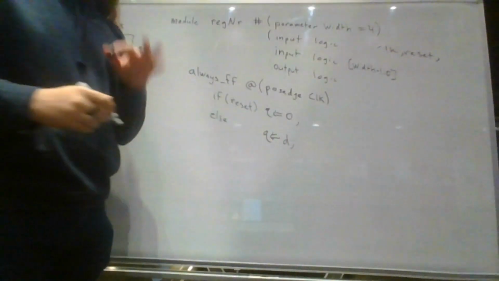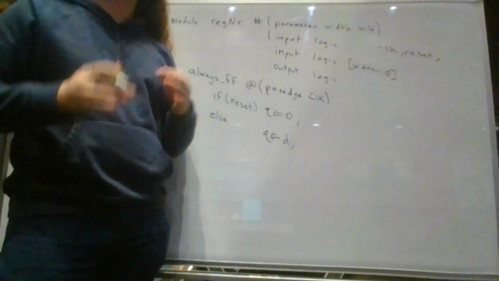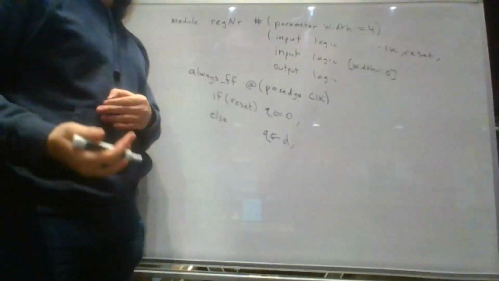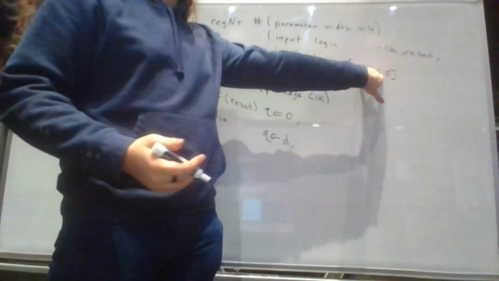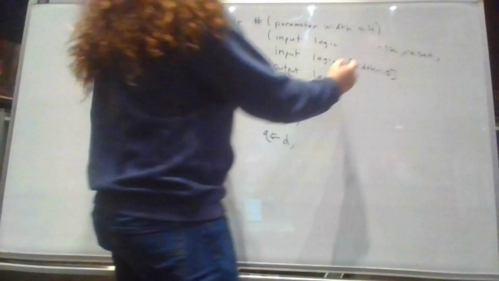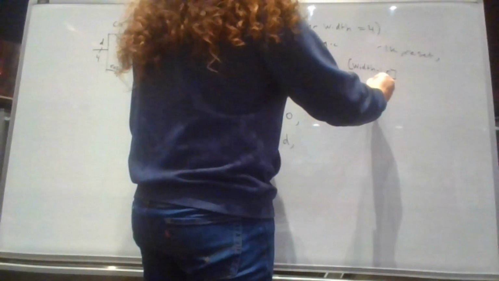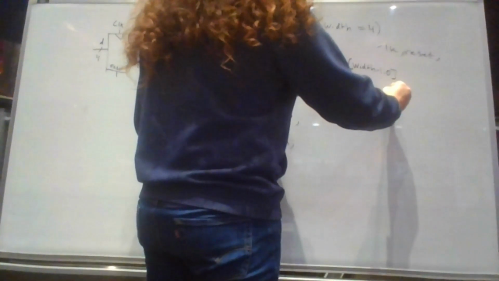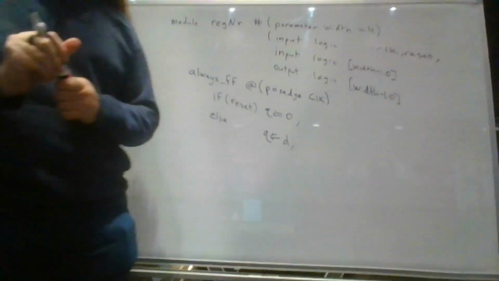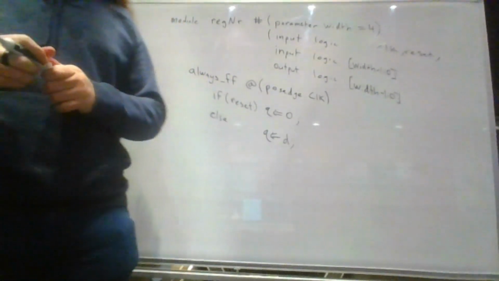If we want a bit width of 4, that means we should say 3:0. So it's always going to be 1 less than the width, :0. If you were just to say width minus 1, that would be a single bit signal.